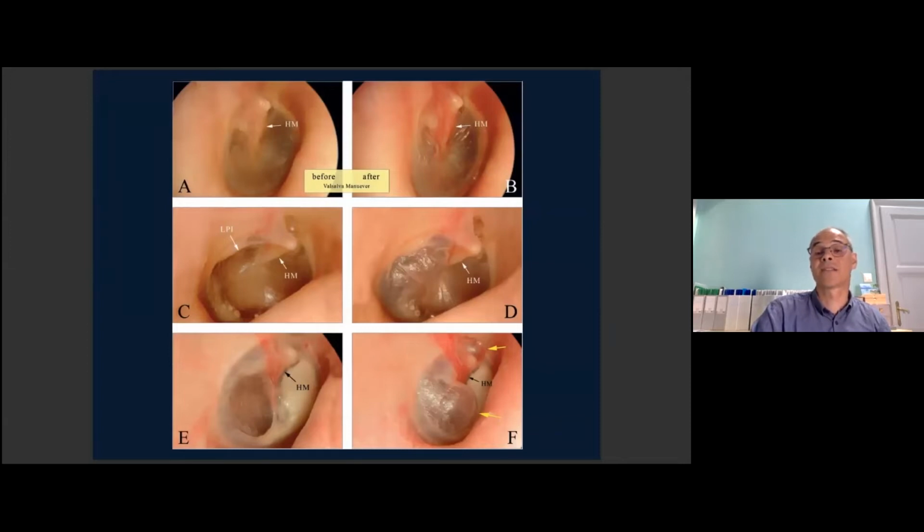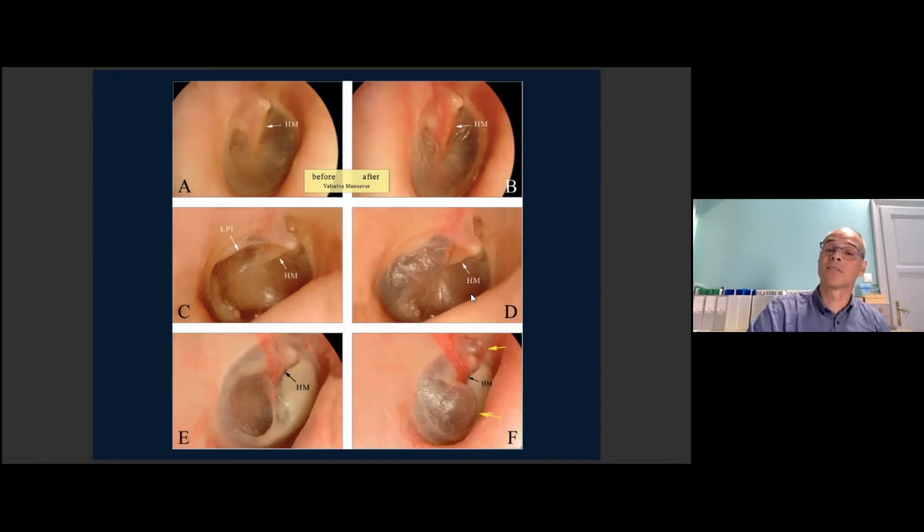And this is how the tympanic membrane looks in case of a ventilation problem. The auditory tube doesn't have a good function. And this is the tympanic membrane, slightly myringosclerotic and a little bit retracted. After the Valsalva maneuver, it bulges out.